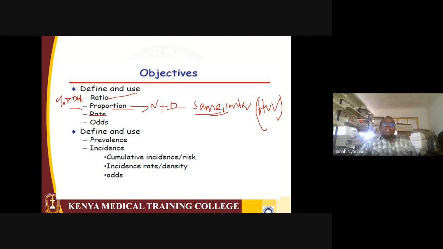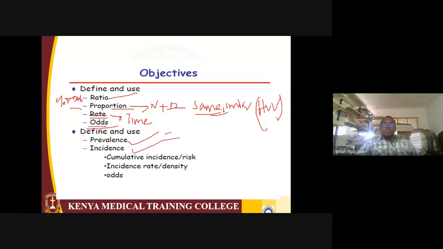And then the rate, on the other hand, we have brought in the aspect of time. And then the odds, we have talked about odds as the probability of occurrence of an event over the probability of not occurring. And then we went further and talked about prevalence and incidence.